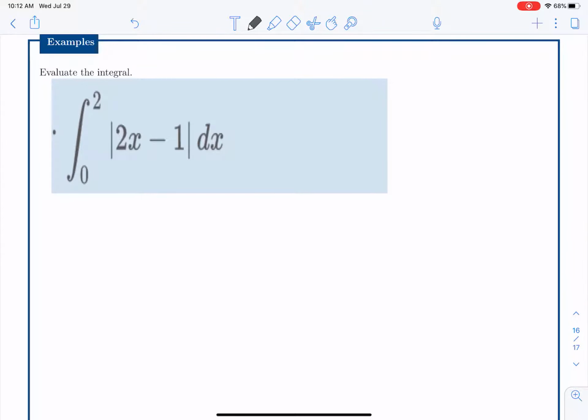So here we have an absolute value function, and anytime we have an absolute value function, we've got to know how to split it up.